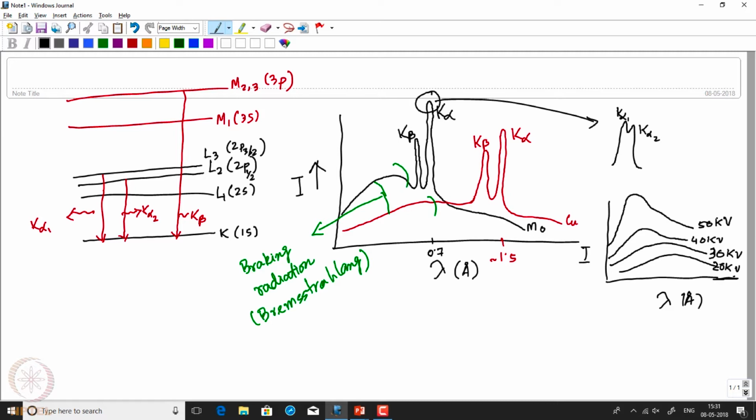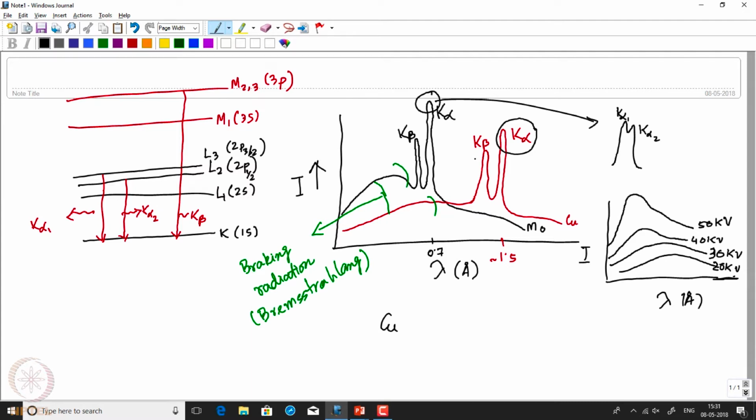For that, nature has also given us the tool. Suppose we are using copper as a source, if we are using the copper tube, we need to use this copper K alpha radiation and we should eliminate the corresponding K beta radiation.